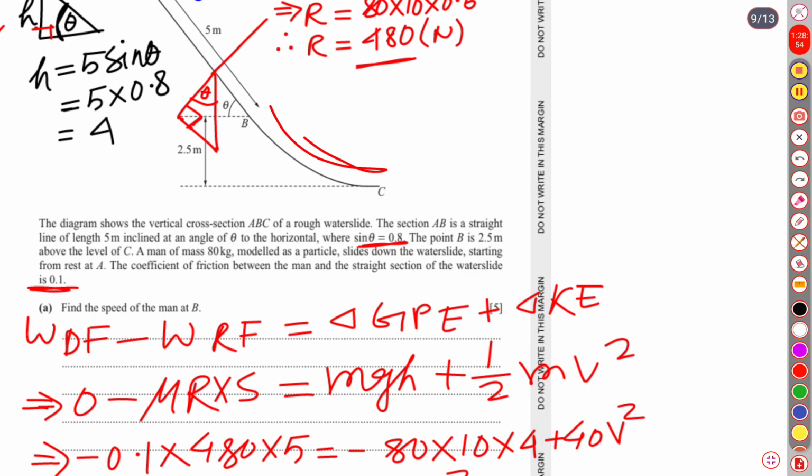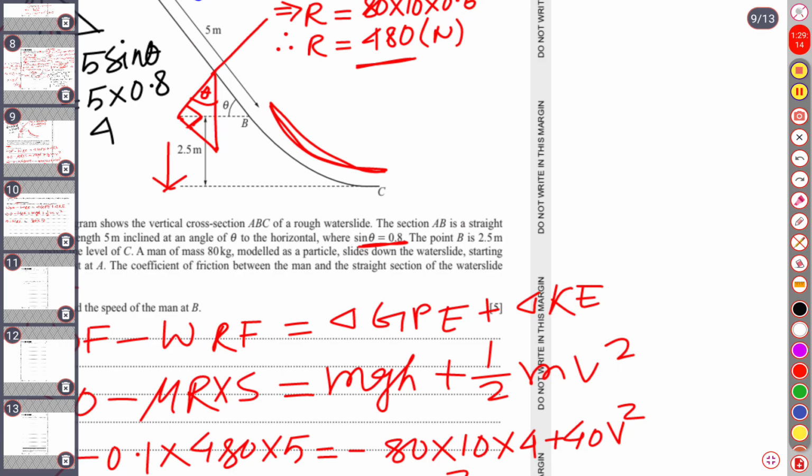This part of the slide is 2.5 meter, here it is written 2.5 meter above the ground, but as the person is moving downward, definitely the height change is negative, final height is 0. Remember, change in height means final height minus initial height.